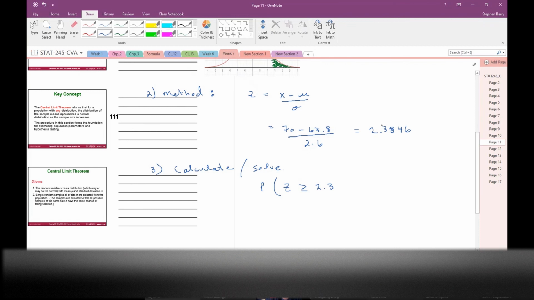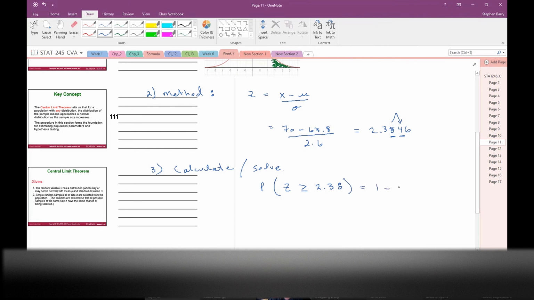Let's round it because our chart only works to 2 decimals. So let's round to 2 decimals, because that's a 4 and we're rounding to 2 decimals. Let's go 2.38, and we'll see if it's different than what I get on Excel in a second.